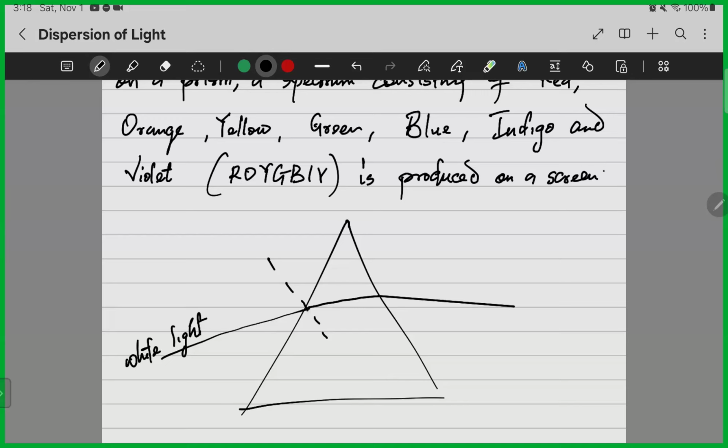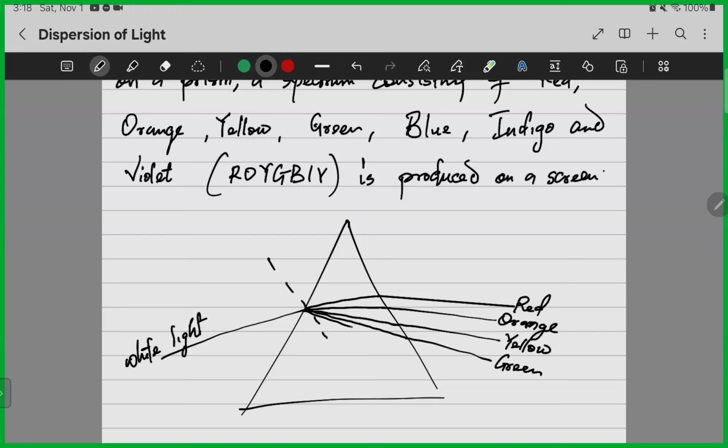From that same white light, another one bends, from which orange emerges. That same white light, another one bends, from which yellow emerges. From that same white light, another one bends, from which green emerges. That same white light, another one bends, from which blue emerges.